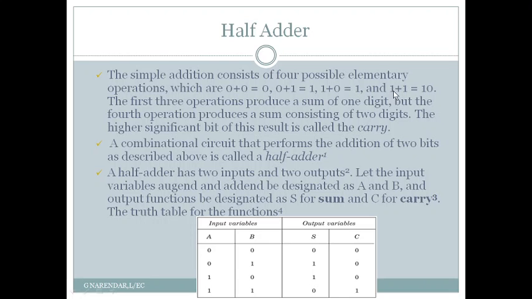But you can see that the fourth operation is producing a sum consisting of two digits, that is 1 and 0.